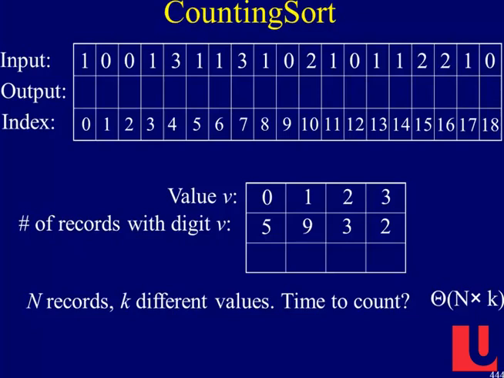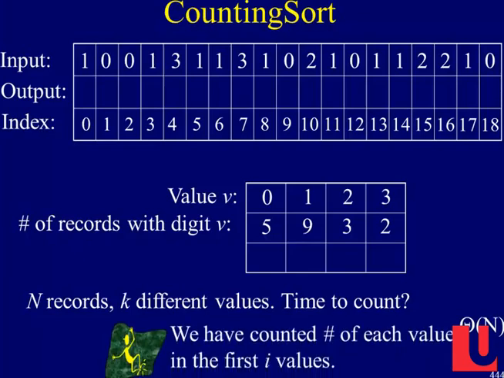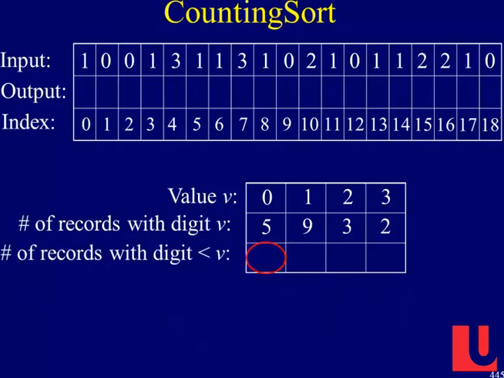How do you do it faster? We've got to do it faster. You go through once, and the loop invariant that we're maintaining is that we know how many we've seen so far. And when you see a 2, you increment the 2's count. All right, so that was good.